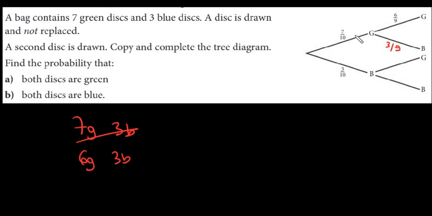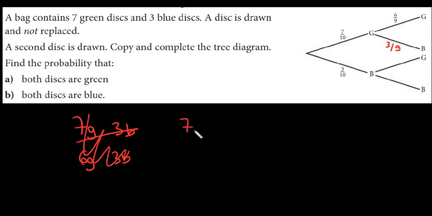Again, in the first I got a green, 7 over 10. In the second, I want to get a blue. It is going to be 3 over 9 because I have 3 blue but 6 green because it is not replaced. Okay, now we are done with this.